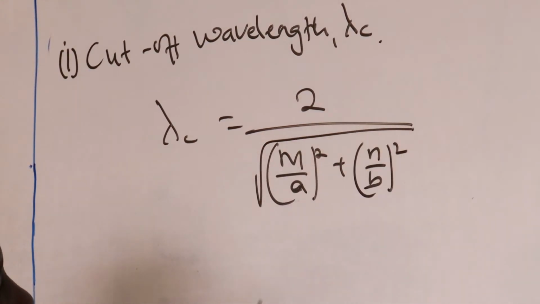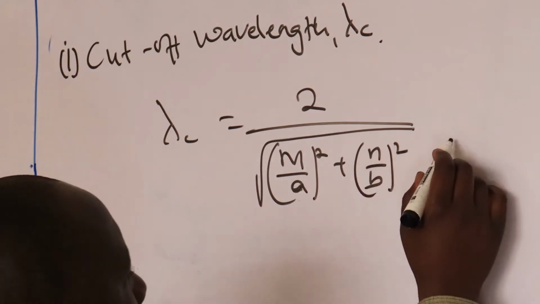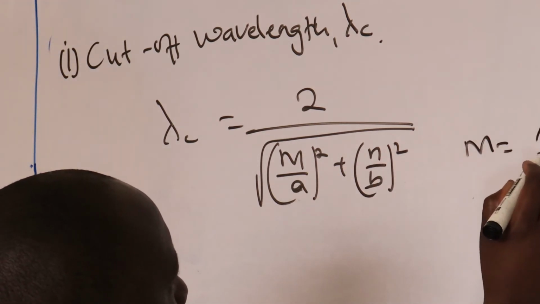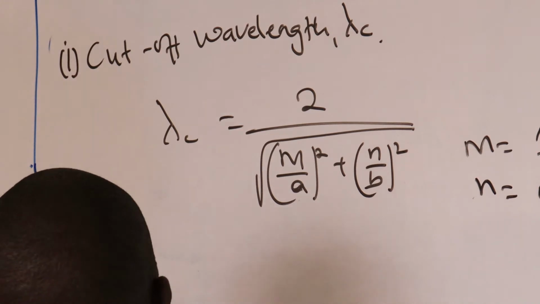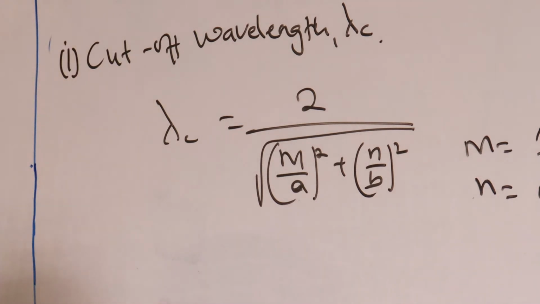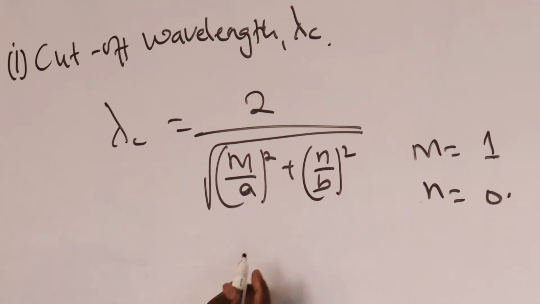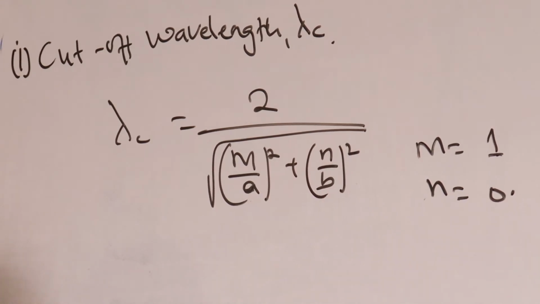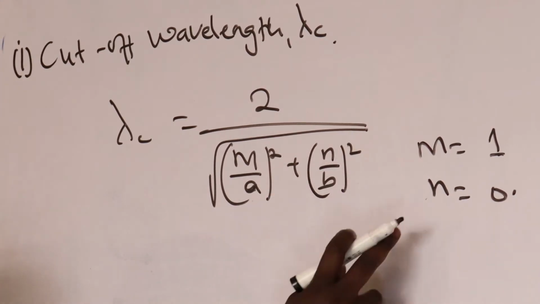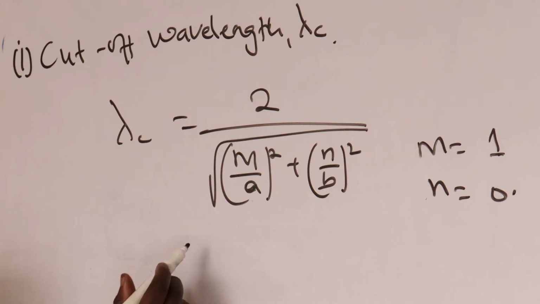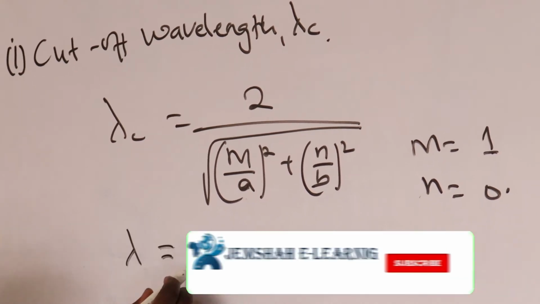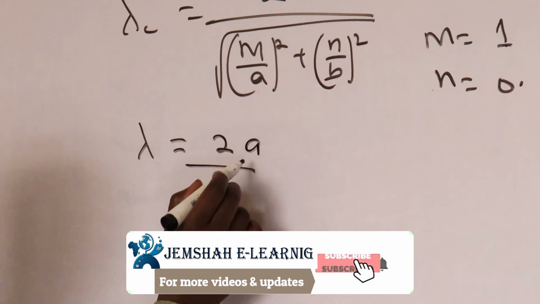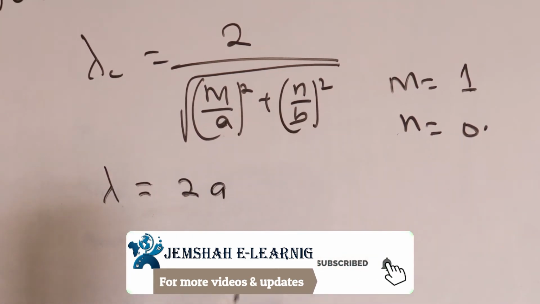But for this case, we have m equal to 1 and n equal to 0. So logically, the second expression in the denominator becomes 0 because n is 0. When you have that, lambda C becomes 2a.